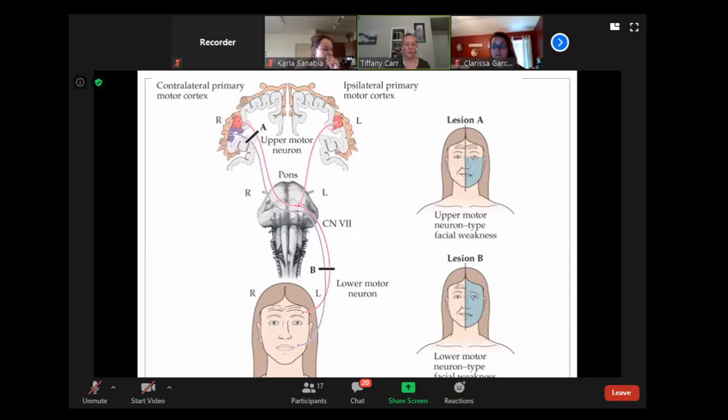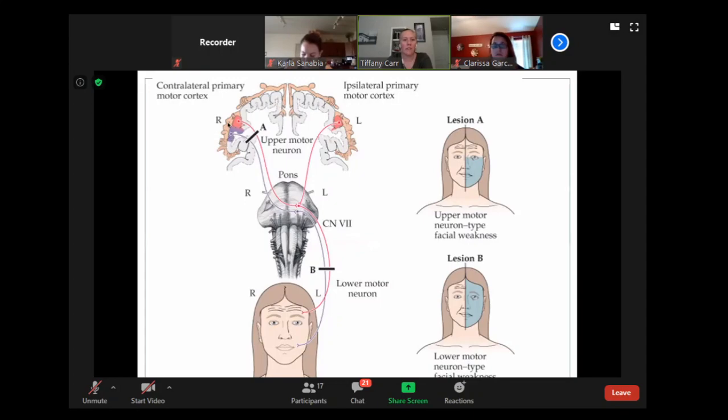So this one is an area that is more the clinical application. The upper motor neuron is going to control the contralateral aspects of the facial musculature, because one upper motor neuron is going to be traveling to the lower portion of the face, and a different one is going to be traveling to the upper part of the face.